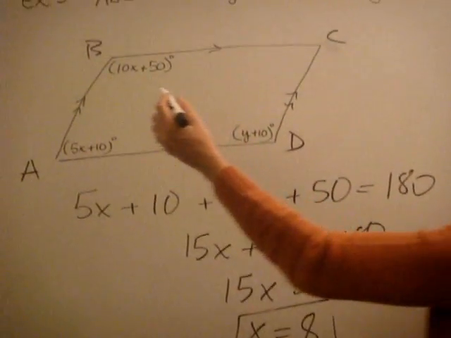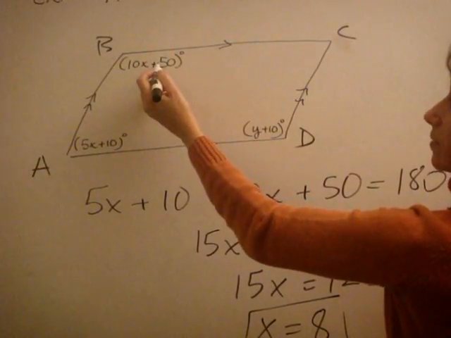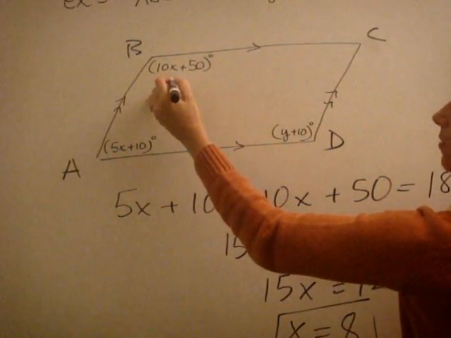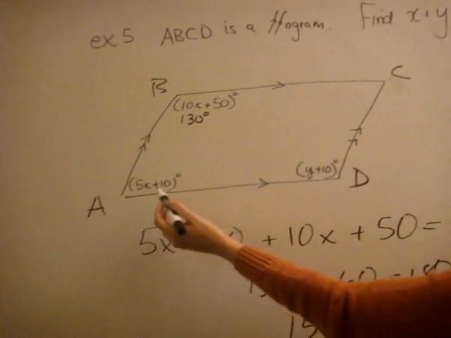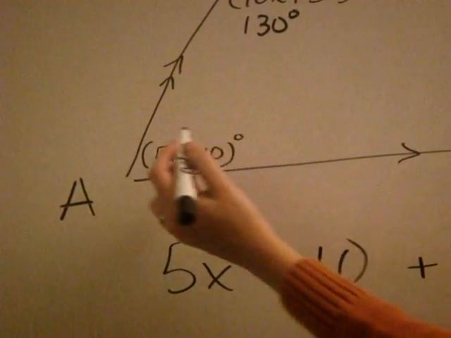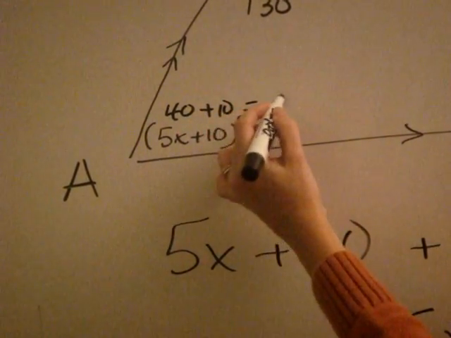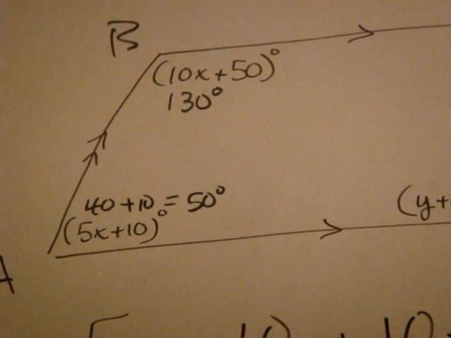So if we filled these in, we could get the angles. 10 times 8 is 80. 80 plus 50 is 130. So that one's 130 degrees. Fill x in for this one. 5 times 8 is 40, plus 10 equals 50. And isn't that neat? These 2 angles add up to 180.